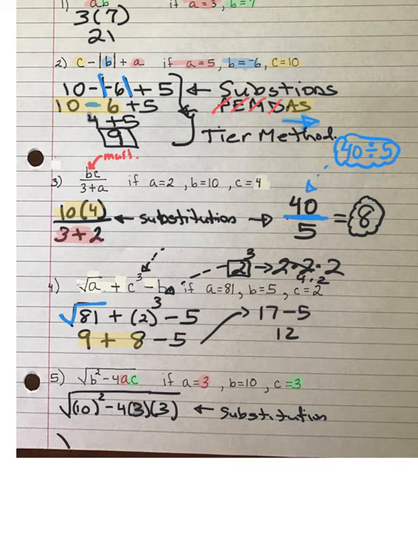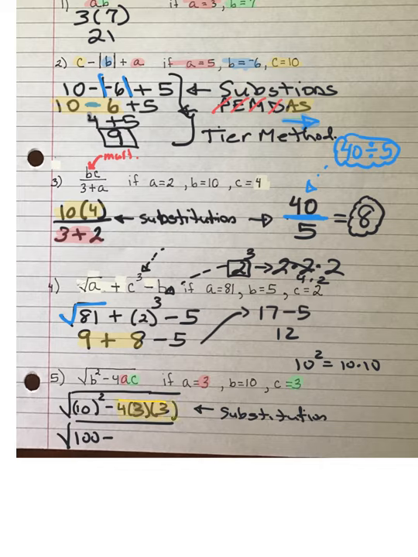Now I have to do what's underneath the square root symbol by PEMDAS. I've got to do the exponents. So 10 squared, remember, means 10 times 10. So that's 100. And then minus, and now I've got to multiply 4 times 3 times 3.